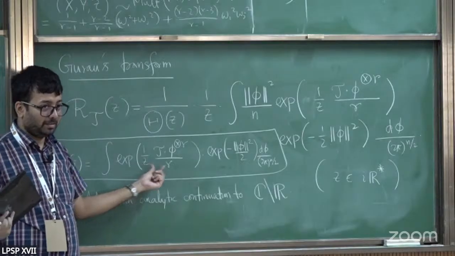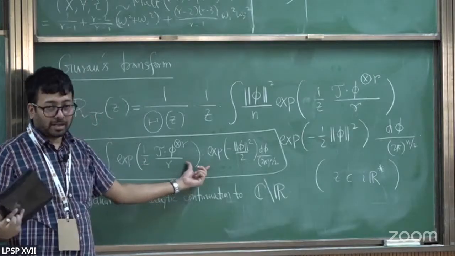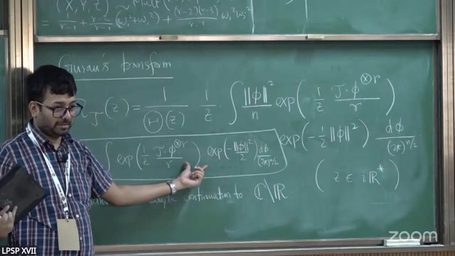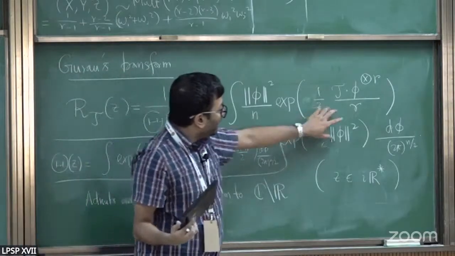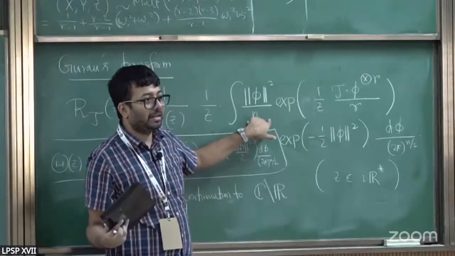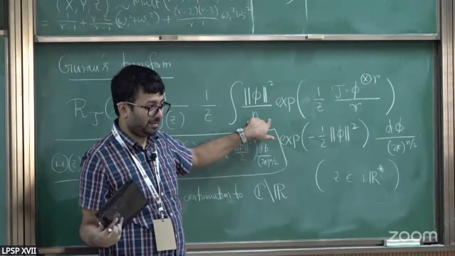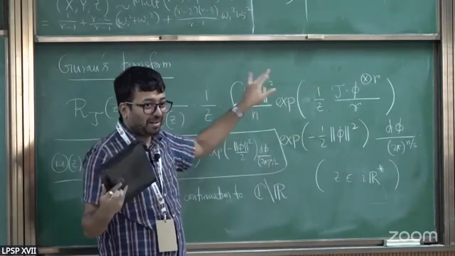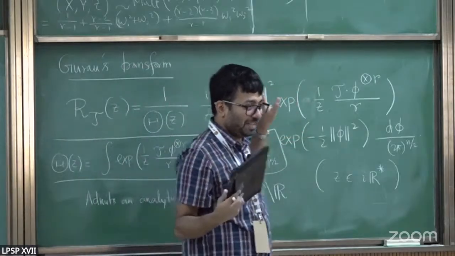So this is called the Gaussian spin glass. And this transform in some sense is just the second moment of that measure. It's not a measure, but whatever that object is, it's the second moment of that.